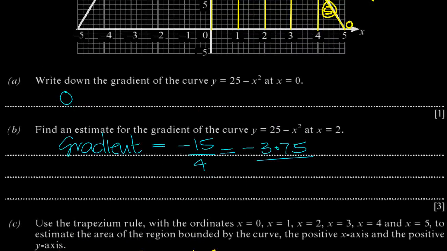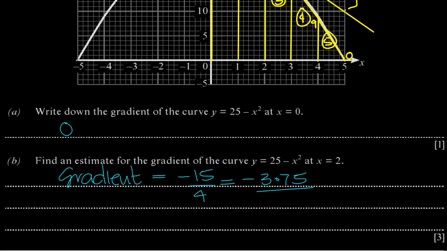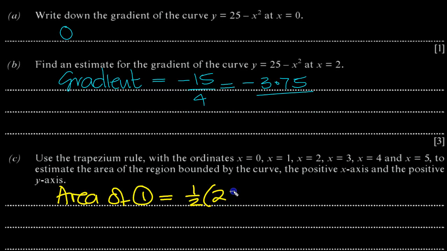So area of 1 then, half of 25 plus 24 times the distance across, times by the 1, which is 49 over 2, which is 24.5 units squared.